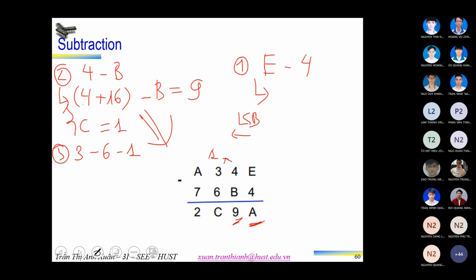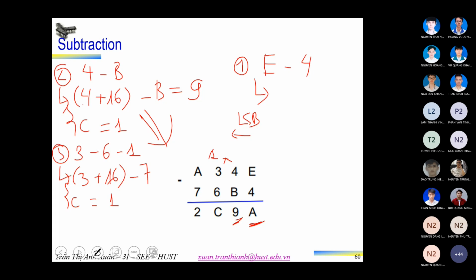For this subtraction, we also borrow the bits. That means 3 plus 16 minus 7, and of course the borrow is equal to 1 here.